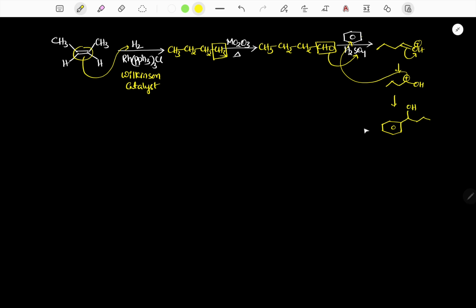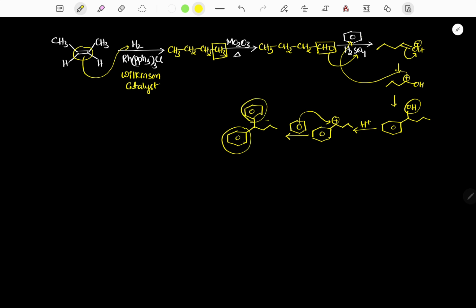But we are conducting the reaction in acidic medium, that's why it loses H2O again and produces an electrophile. Now the electrophile reacts with another benzene, and finally we get the corresponding product like this. So it is a benzene and it is an aldehyde. So it is simply electrophilic aromatic substitution.